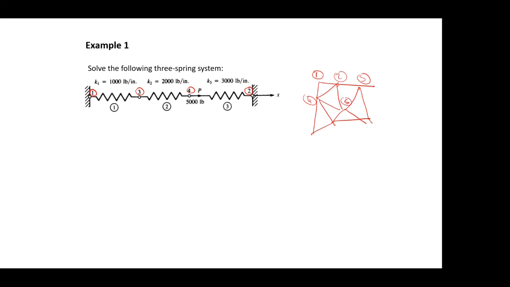I'll probably go here, and then I put 6 here, 7, and then 8. But how about I change the numbering? How about I start from 1 here and then 2 here? So things are not very obvious once we get into 2D. So the numbering is a complete issue to discuss in two-dimensional and three-dimensional problems.